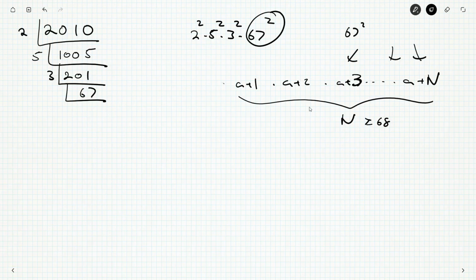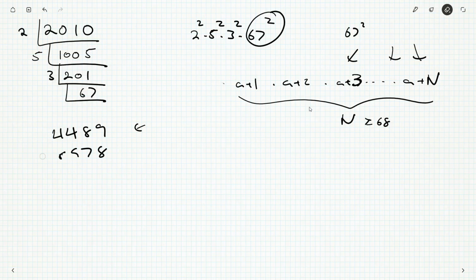So what is 67 squared? It's going to be 4,489. So if one of my four-digit numbers is a multiple of 67 squared, it could be this one. Maybe we can multiply by 2. Or it could be 8978. But as soon as I move on to a multiple of 3, I'm at 13,467, and that's 5-digit.